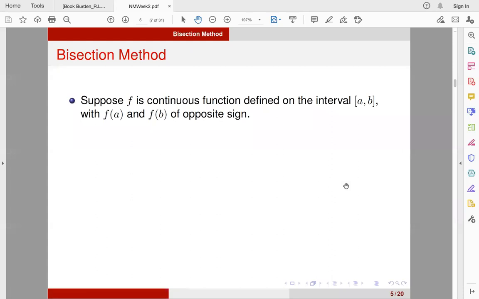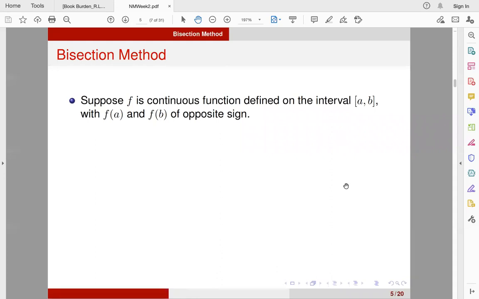Okay, so what is bisection? Suppose f is a continuous function. So this is the main term that must be satisfied. And it's defined on interval [a, b] with f(a) and f(b) having opposite signs. So f(a) must be positive and f(b) negative, or vice versa, f(a) negative and f(b) positive.